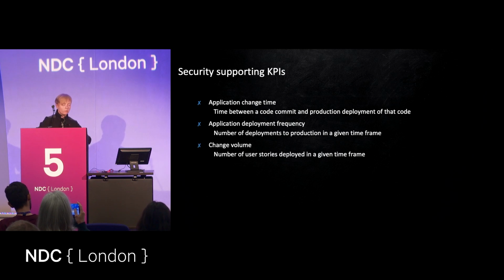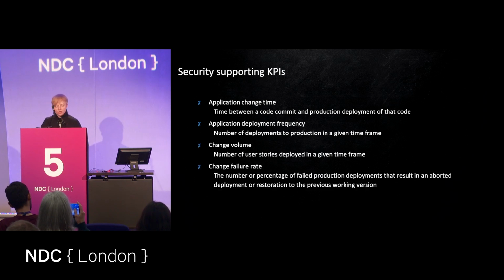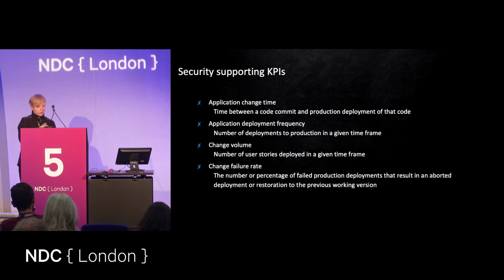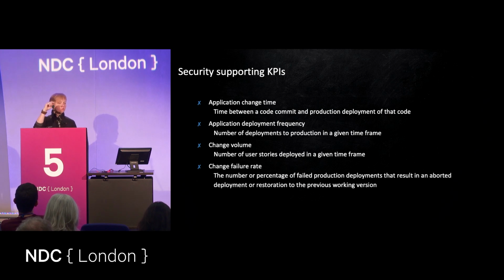And what is the volume of the changes? And what is the change failure rate? At least these 4 metrics I usually suggest keeping as supportive KPIs for the DevSecOps KPIs, because those allow you to see the full picture for security. If there are no frequent changes, of course, you will see a low rate of security bugs, right? And the reason is just because you don't go to production quite often.